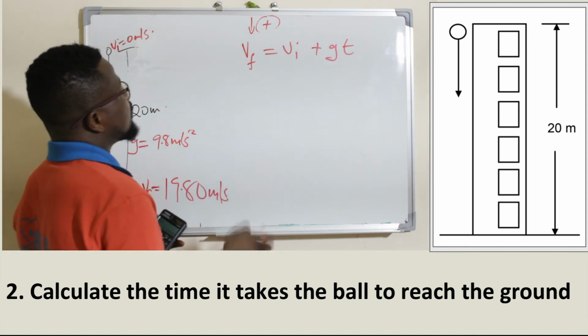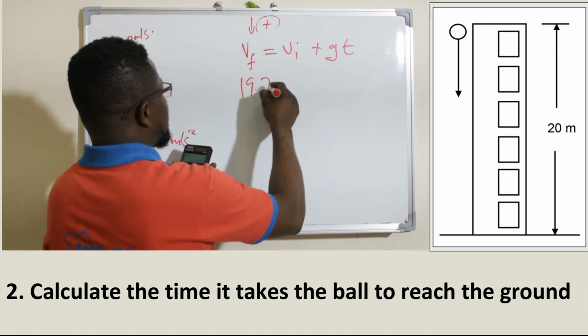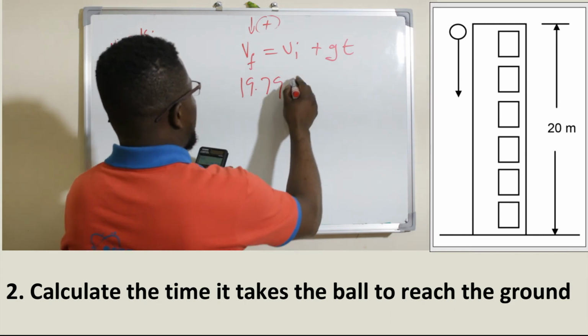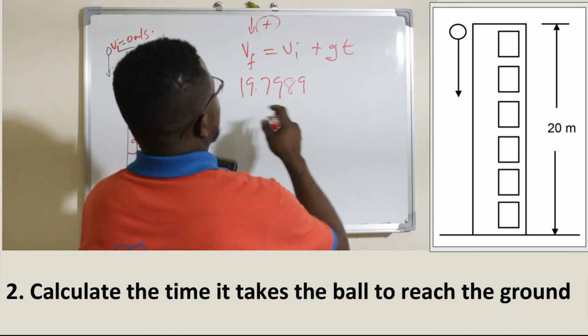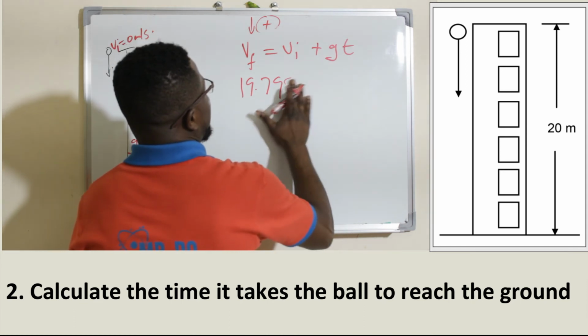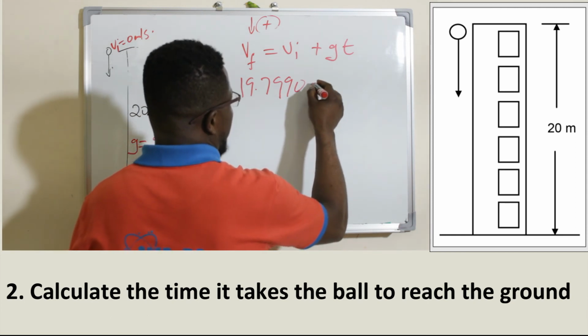If I want to use this value, what do I have? It is 19.7989. Okay. Let me use 4 decimal places because that will be very correct.